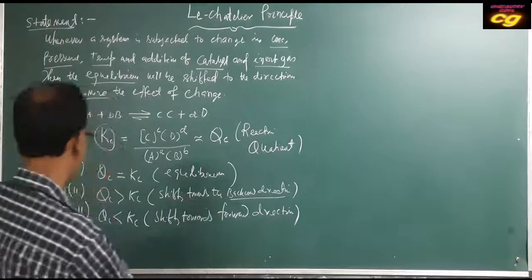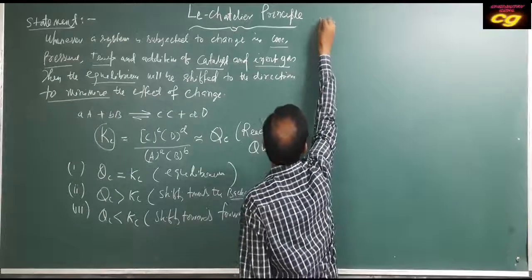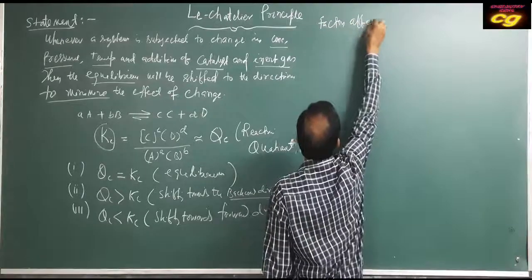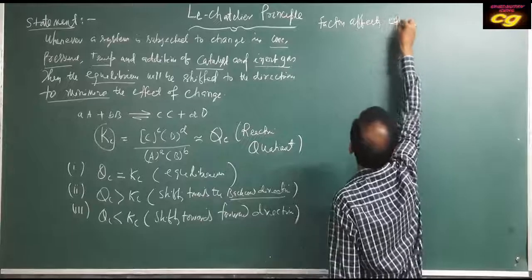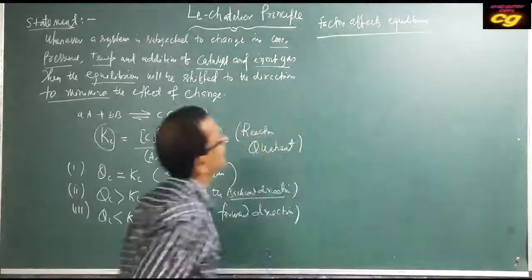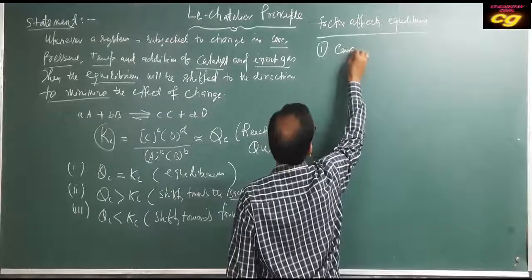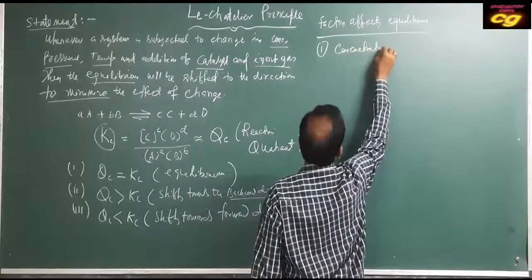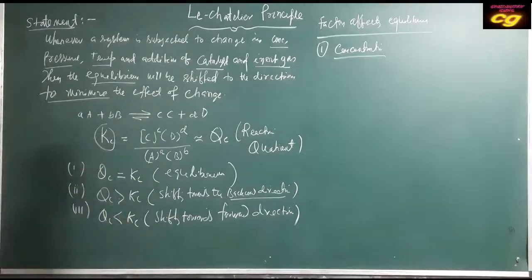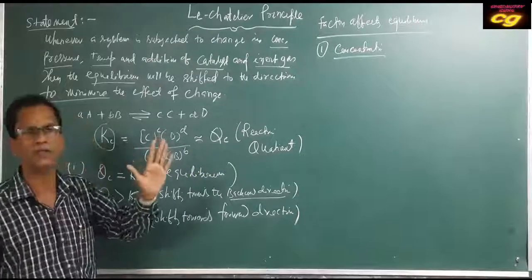Then what are the factors affecting equilibrium? First is concentration. We already know that when you change the concentration, Qc will change, but Kc always remains constant.